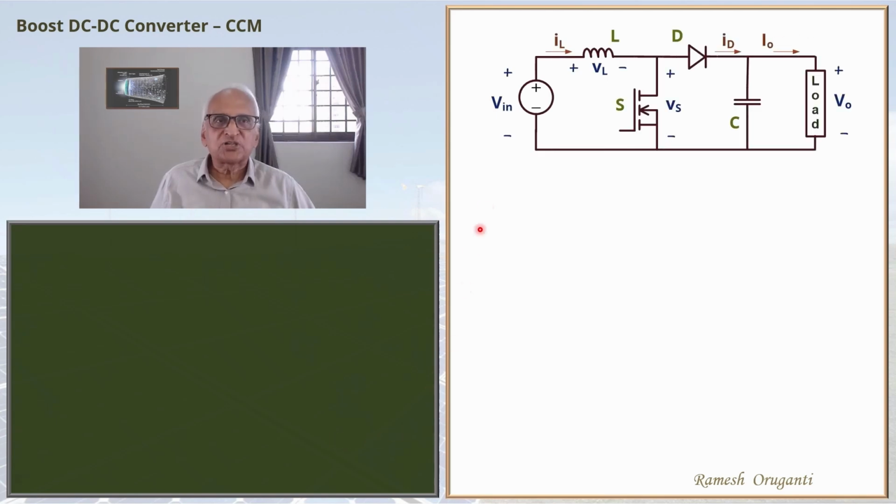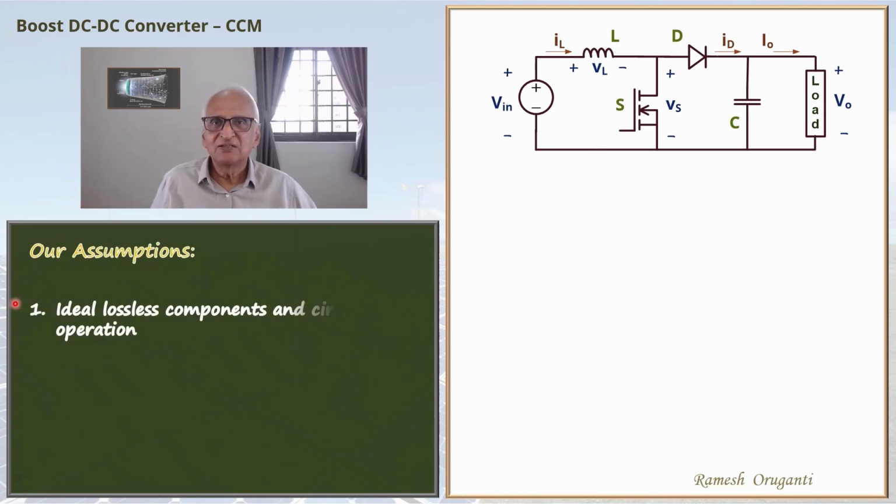This is a boost converter. It uses a power MOSFET as the switch. In analyzing this converter, we will make the usual three assumptions. One is that the components are ideal, the switch is ideal, the diode is ideal, and so on. There is no power loss anywhere in the circuit. Second is that the circuit has already gone through a transient and has reached a steady state. We will be directly jumping into the steady state and analyzing the steady state.